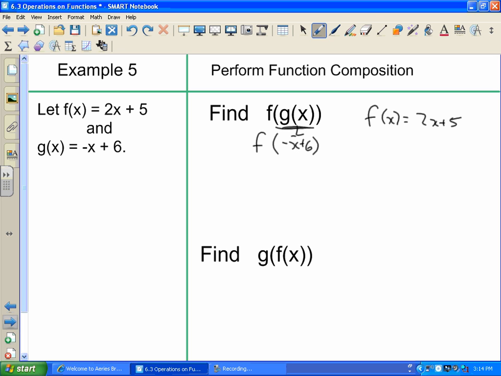This problem is asking me to find f of negative x plus 6. That is what I'm going to substitute in for my x values for my composite function. If f of x is 2x plus 5, then f of negative x plus 6 is 2 times negative x plus 6 plus 5.